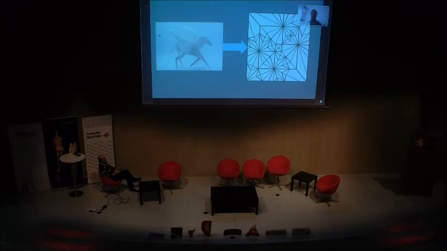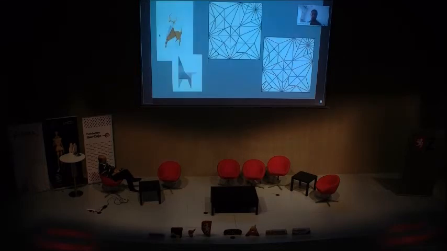We can use different notations and symbols in these crease patterns. Usually we use different line thicknesses. In this case, the thicker line represents the mountains, and the thinner line represents the valleys.